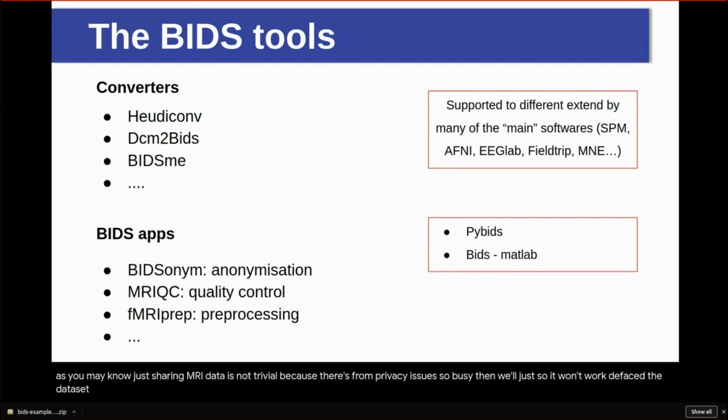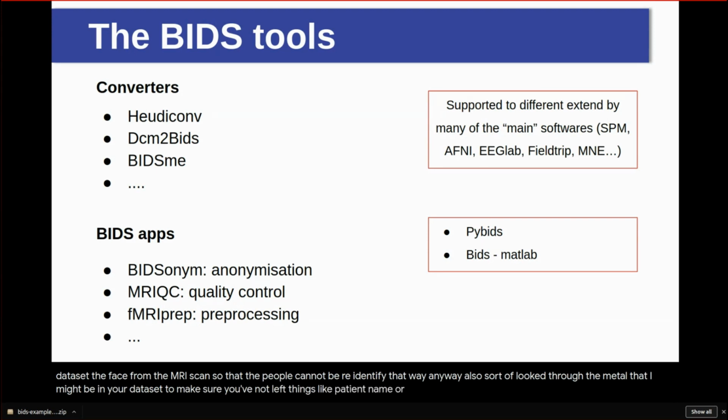It will remove the face from the MRI scan so that people cannot be re-identified that way. It also looks through the metadata in your data set to make sure you've not left things like patient name or an address that should not be in there, if you want your data set to be as anonymous as possible.